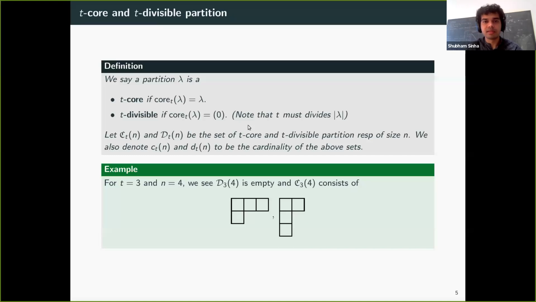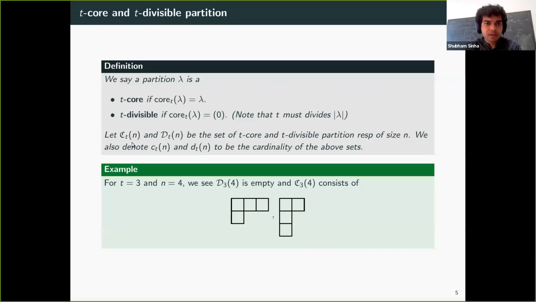So just to make sure everyone's on the same page, if you have a T divisible partition, T must divide the size of lambda, because you're removing size T rim hooks to obtain the empty set.